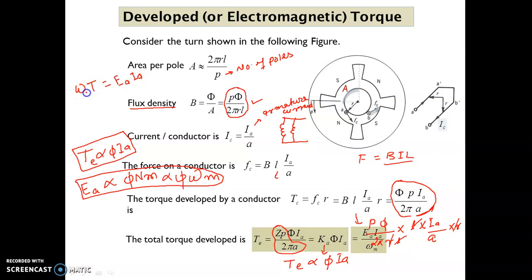So this is omega m. So torque from here we can also write as EA multiplied by IA divided by omega m. This torque is the mechanical torque here.